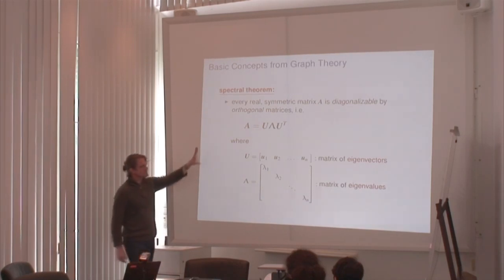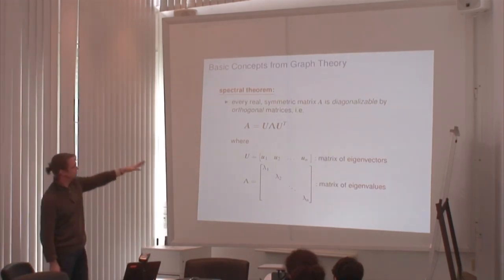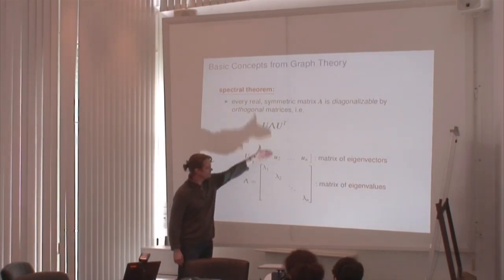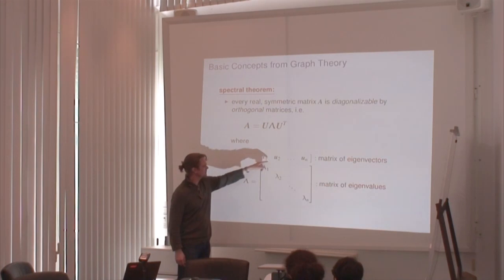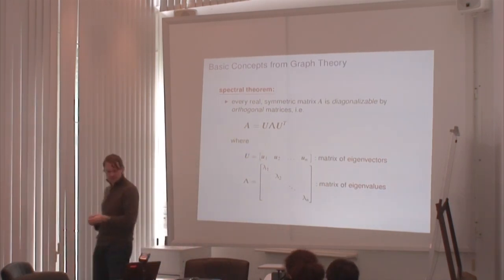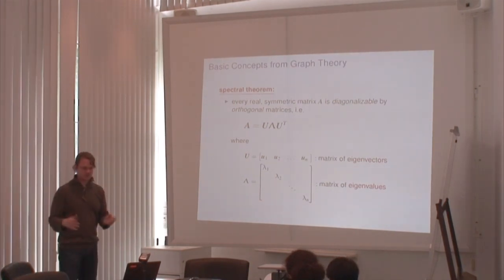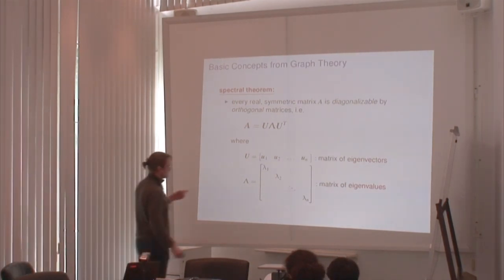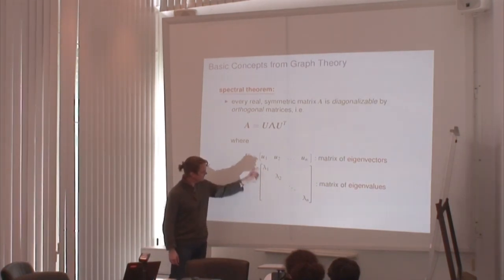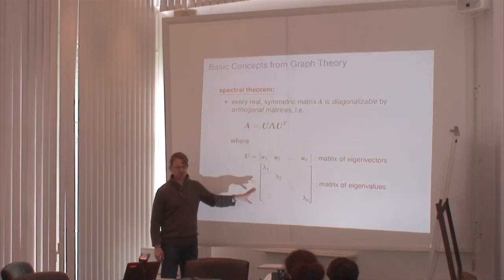And this is very special because this matrix U contains n column vectors. I write them as these vectors U1, U2, up to Un, and they are called the eigenvectors of A. And this matrix lambda is a diagonal matrix where every element off the diagonal is 0, so I'm not actually showing them here.